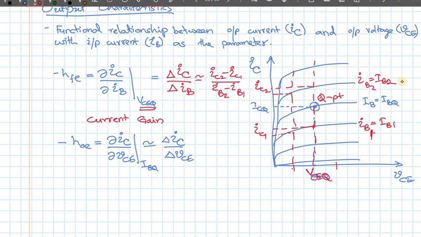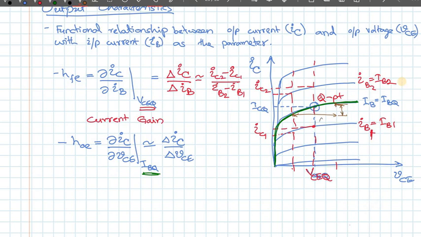So that means it should be on this particular graph, because I have to satisfy this condition. What you need to get is delta IC over delta VCE. So for a change in VCE, say from here to here, around VCEQ, this much of change would produce this much of change in IC.